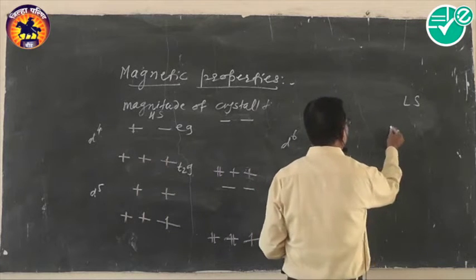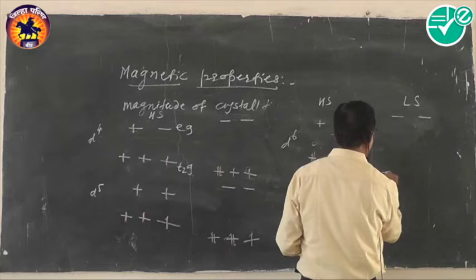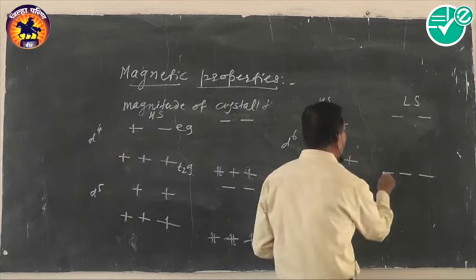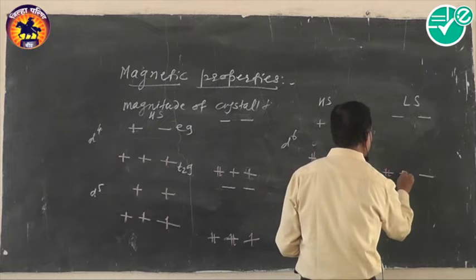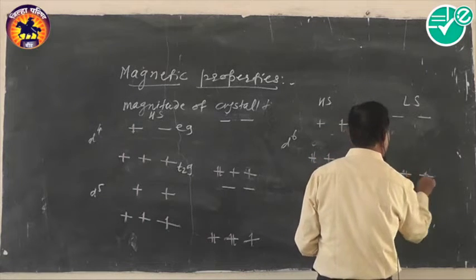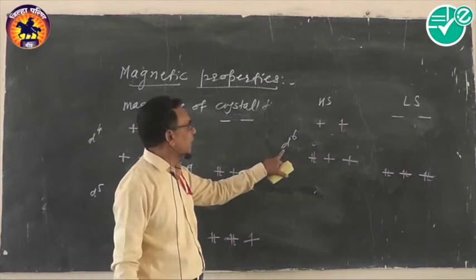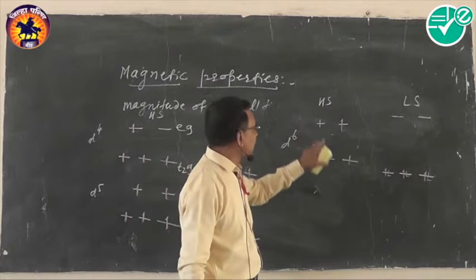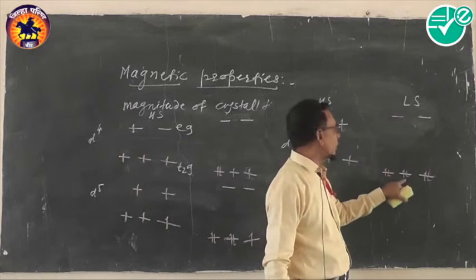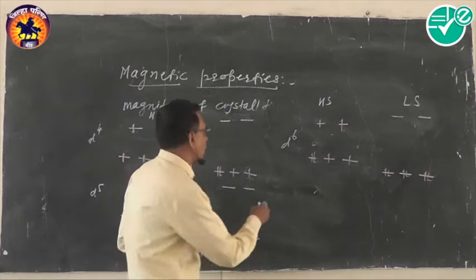When a low spin complex is formed, or when splitting is more, then the electrons enter into lower energy orbitals first, second, third, fourth, fifth, and sixth. Now, in case of d6, the high spin complex is paramagnetic with 4 unpaired electrons, and the low spin complex is diamagnetic. It cannot contain any unpaired electron.